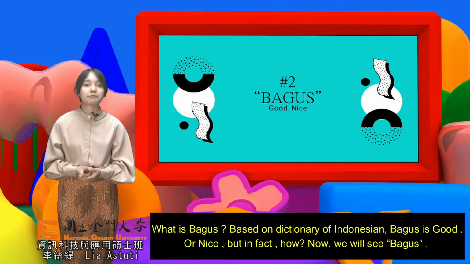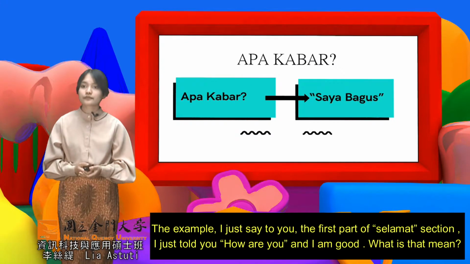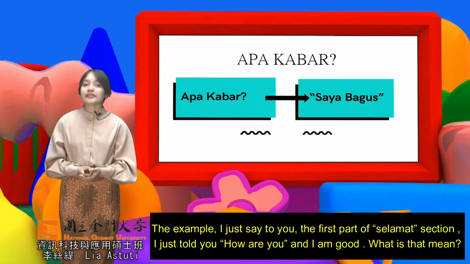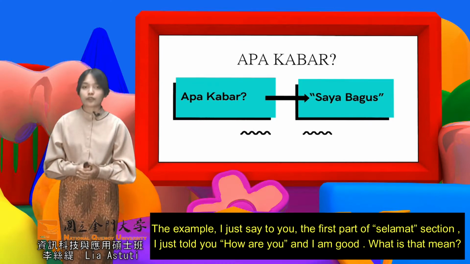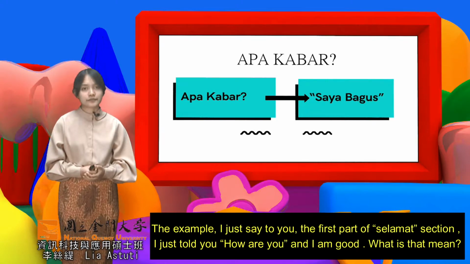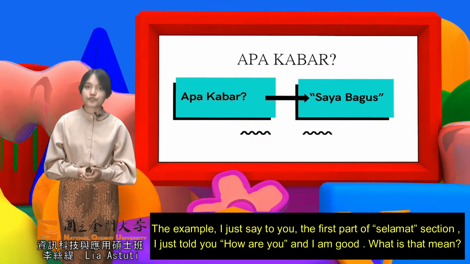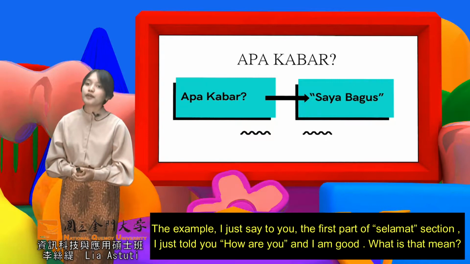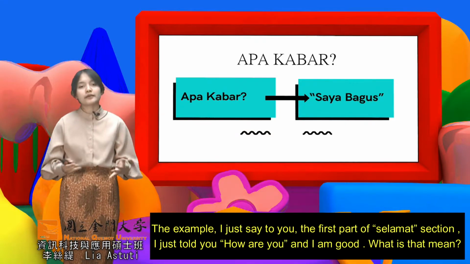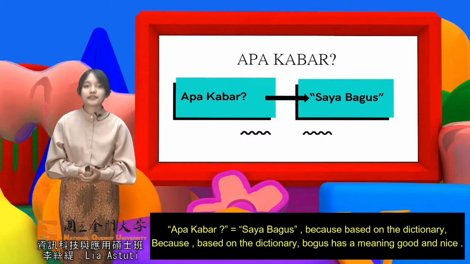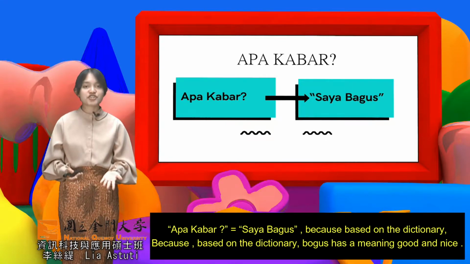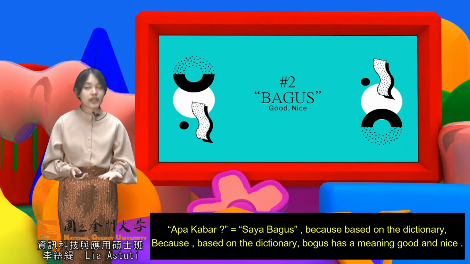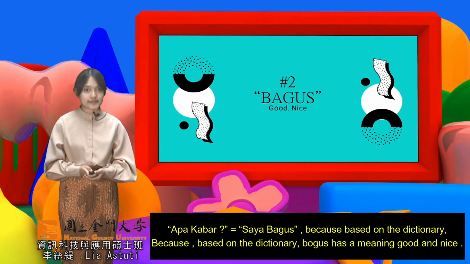Now we will see. The example I gave in the first part, the selamat section: how are you? I am good. What does that mean? Apa kabar? Saya bagus. Because based on the dictionary, bagus has the meaning good and nice.